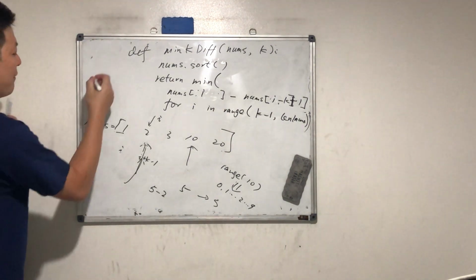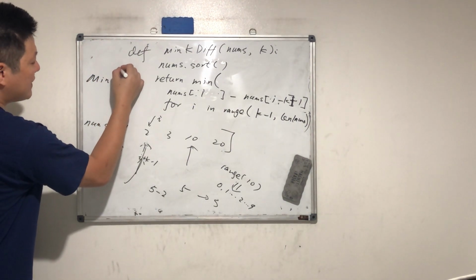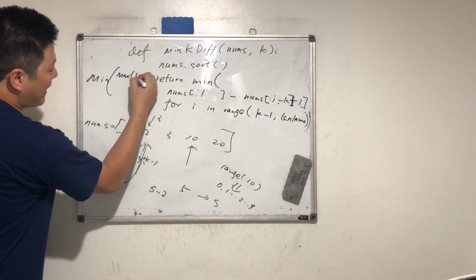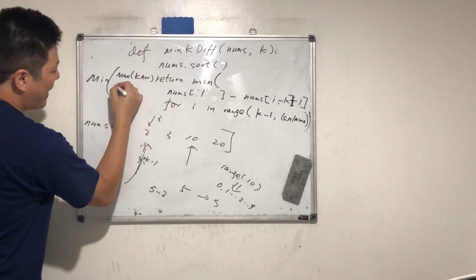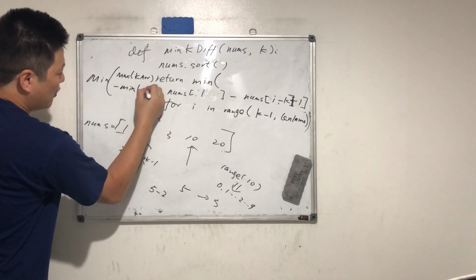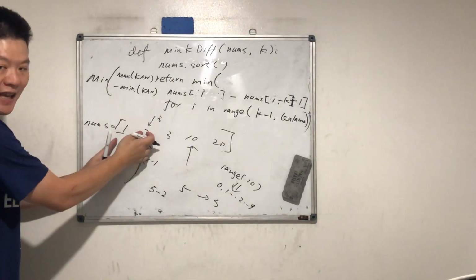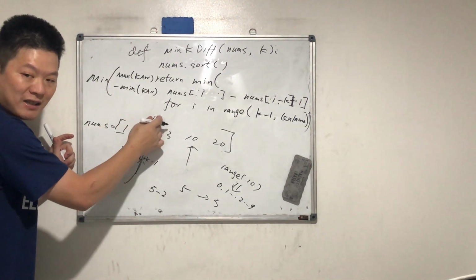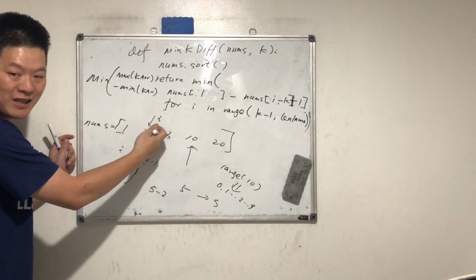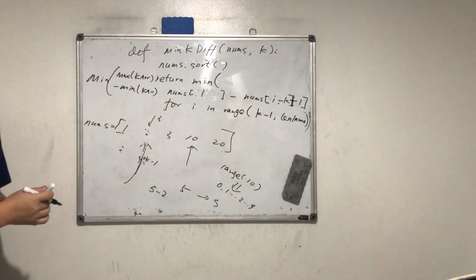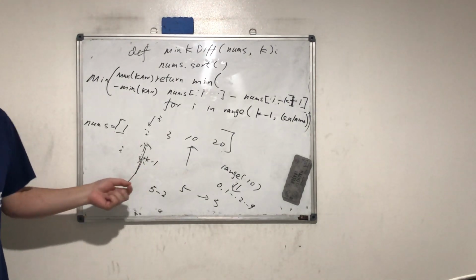Because we are looking for the minimum of the maximum of this k array minus the min of the k array, right? If we sort it, the maximum of this k array will be the rightmost, on the right hand side, and then the minimum will be on the left hand side. Why is that? Because this array is already sorted, right?